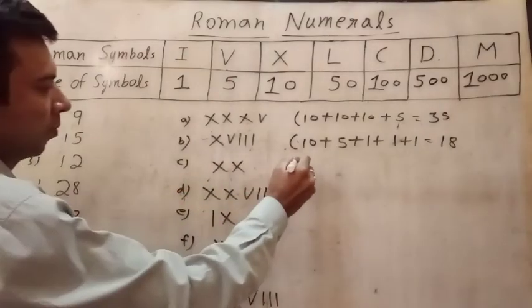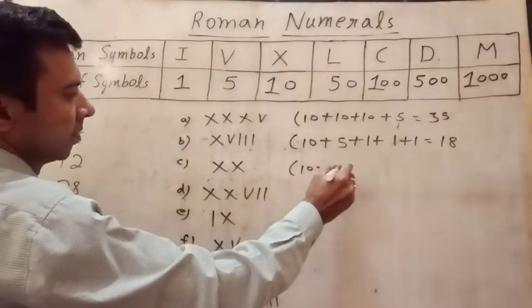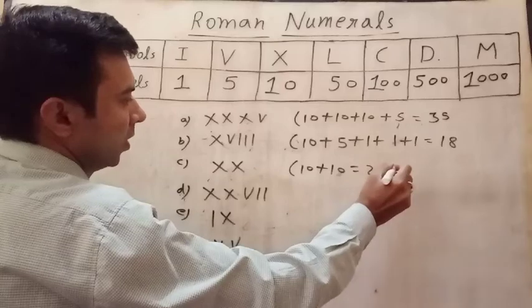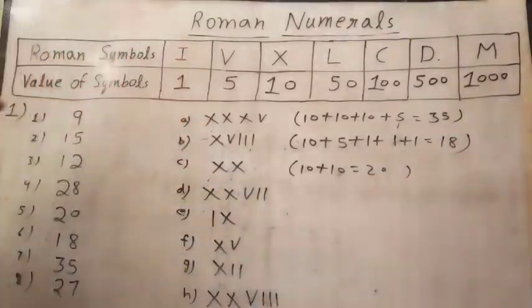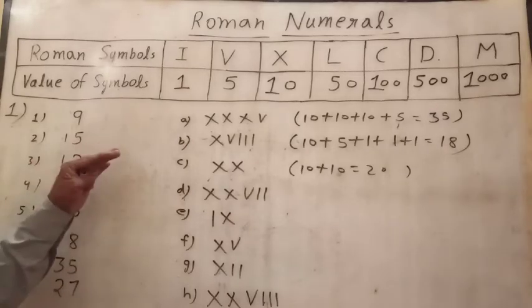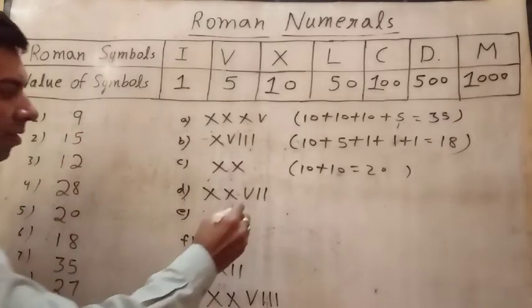Clear? 10 plus 10, 20. Why am I doing this? So that we can easily match. Clear?